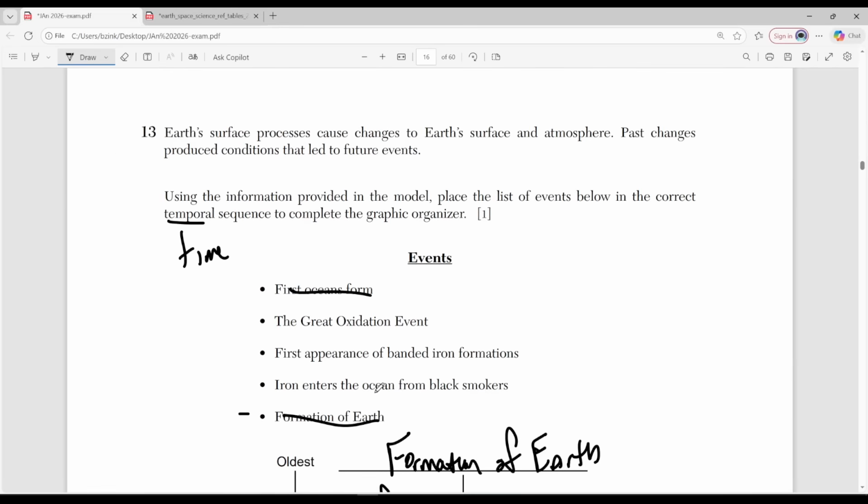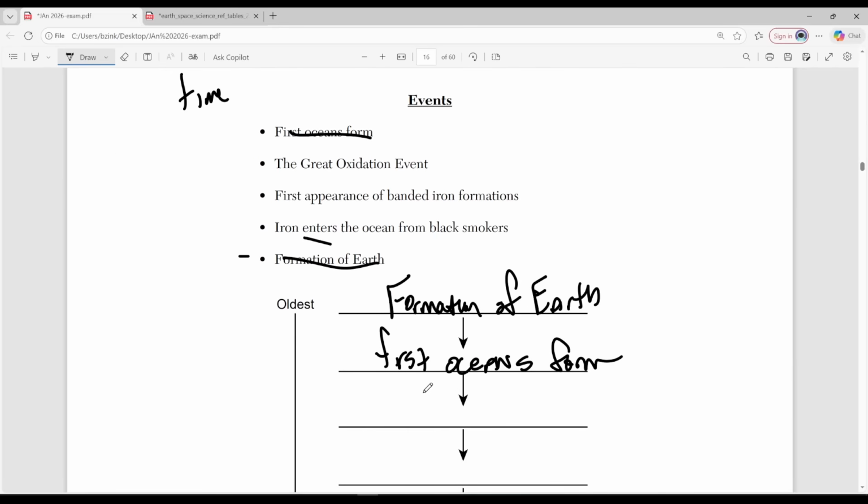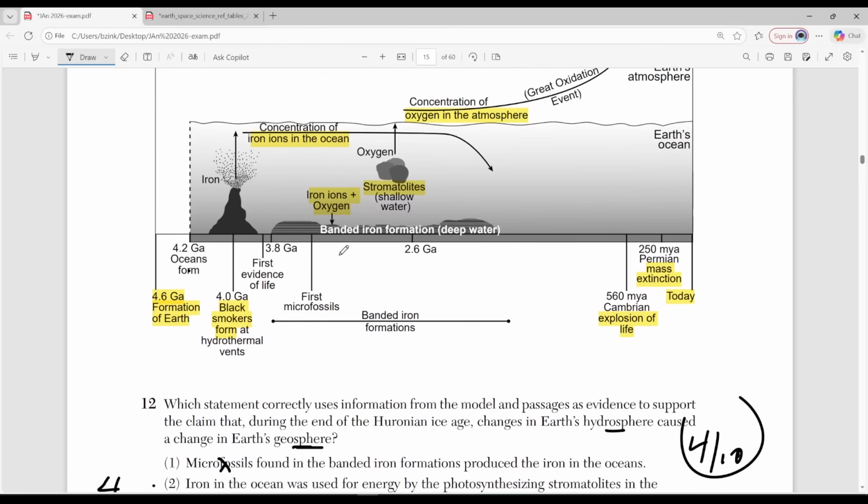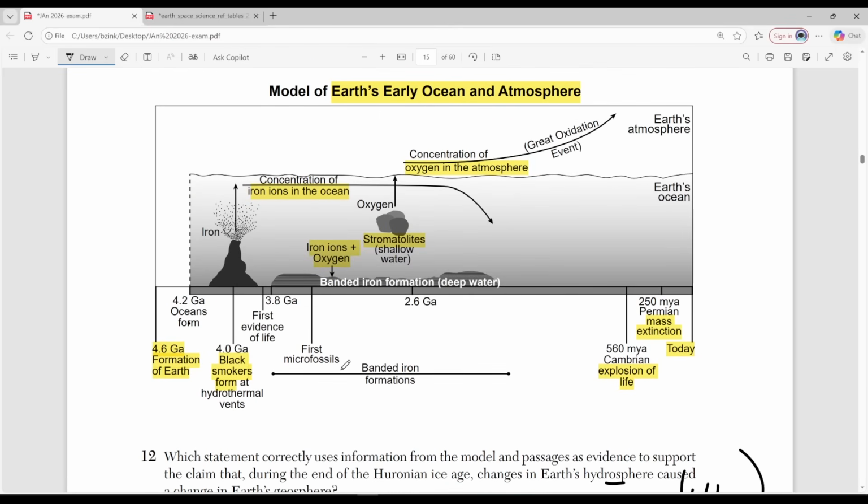Do we have those? Look, black smokers. You're going to write out the whole thing. I'm just going quick for the video. And then life. Banded iron is going to be next, and then the oxidation event.